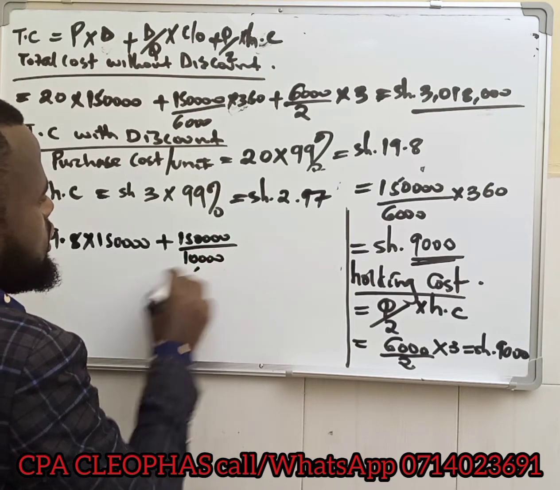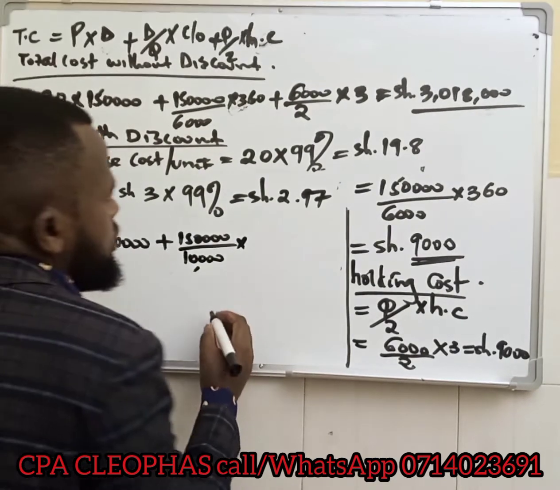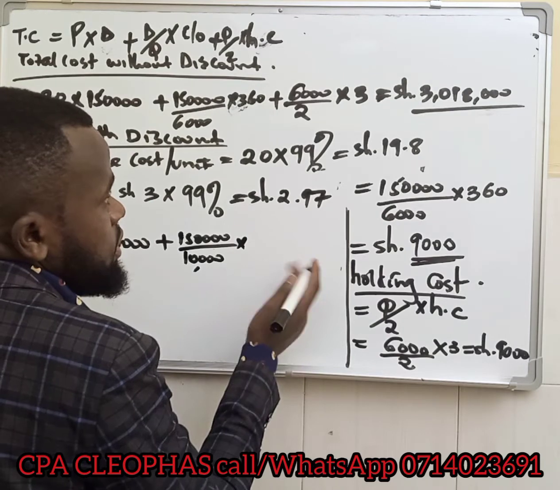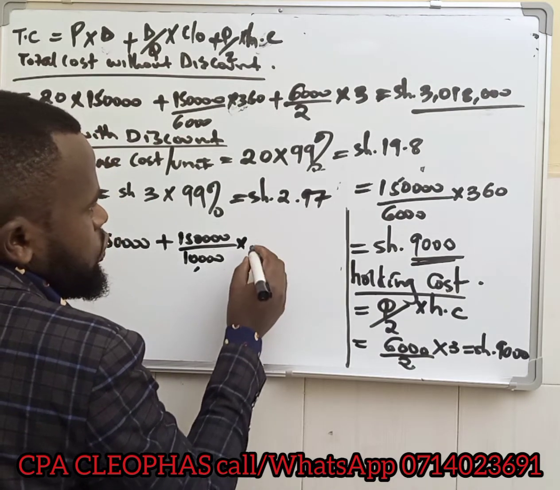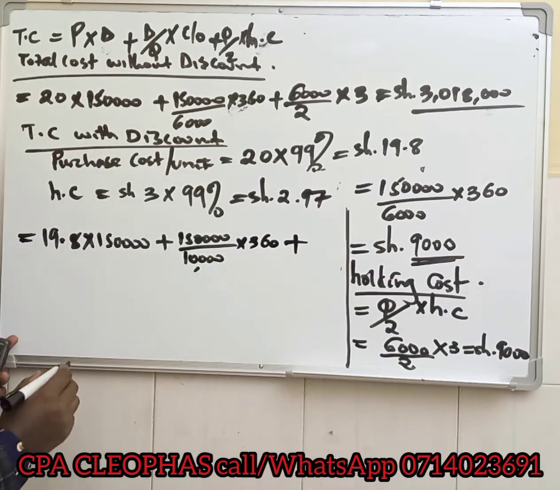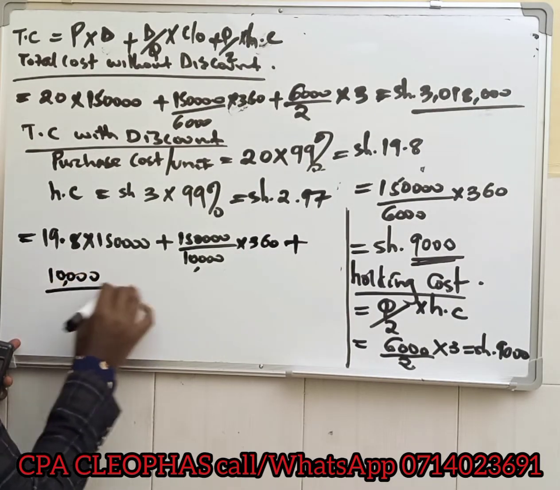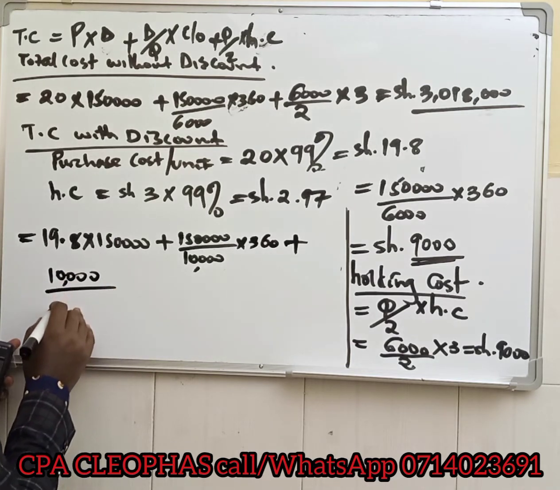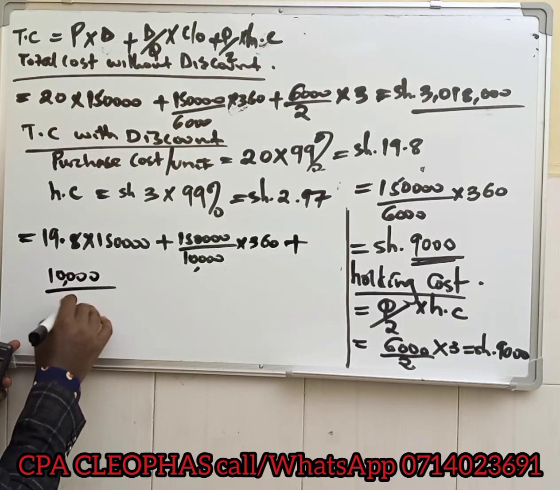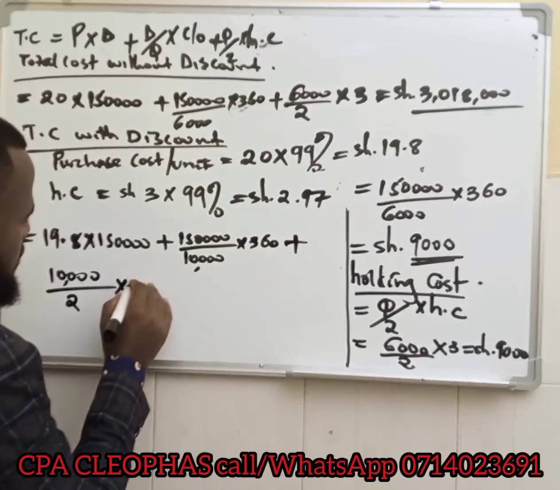That is what we are told. 10,000 units times the ordering cost, which is not affected and remains 360 as it was previously. Plus the carrying cost: this time our Q is not 6,000, it is 10,000 over 2, times the holding cost, which is 2.97.